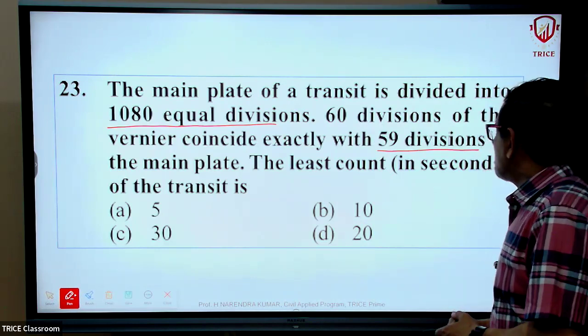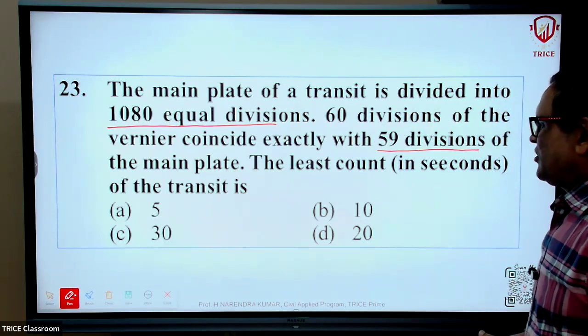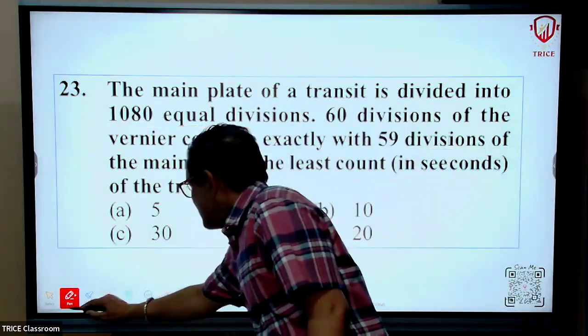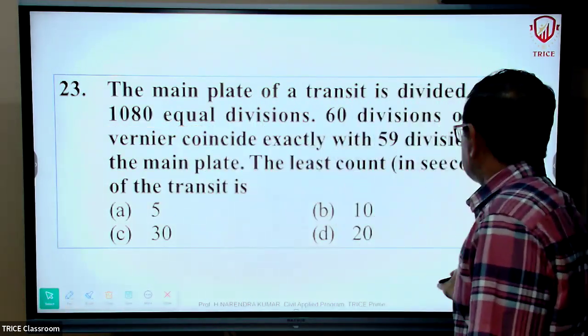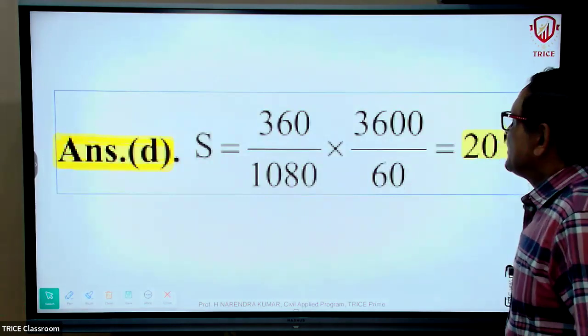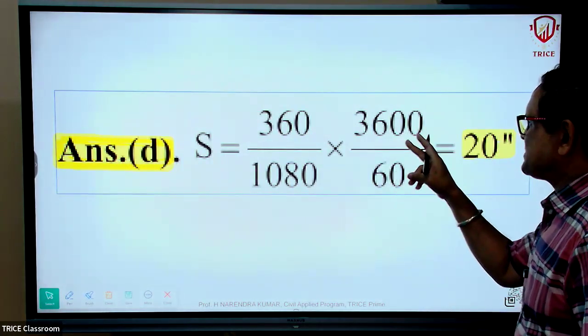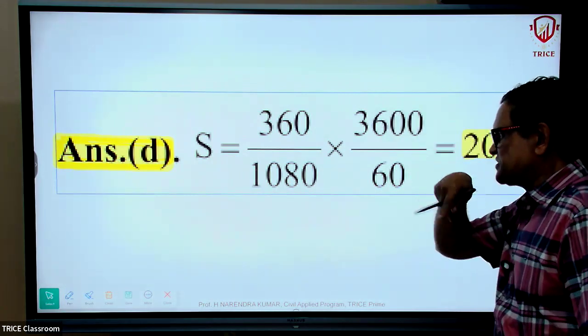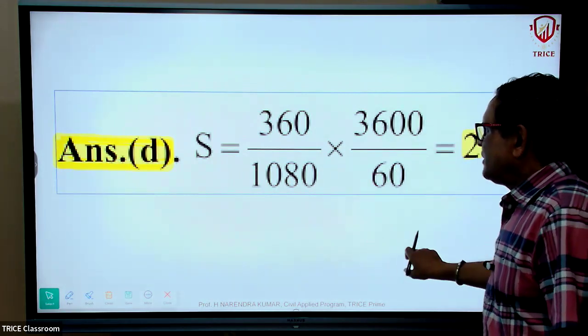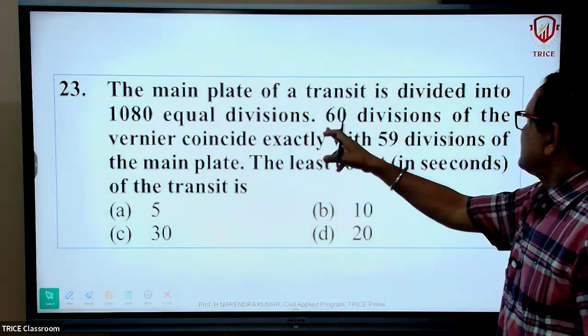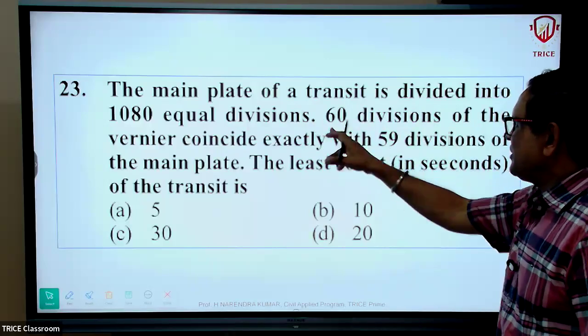So, what is the least count in seconds? For this also, the answer is in detail. Let me explain. 360 by 1080. Why 360? The complete circle is 360 degrees. The question says it is divided into 1080 equal divisions.